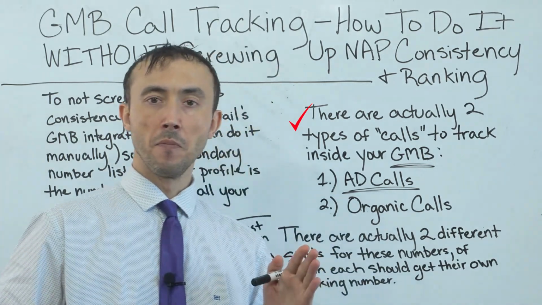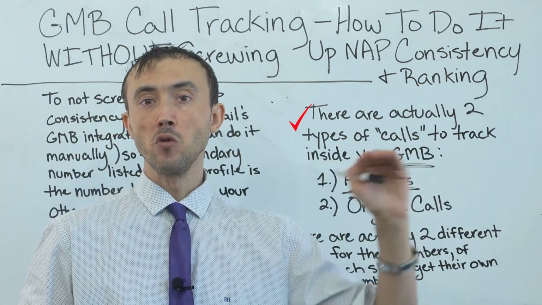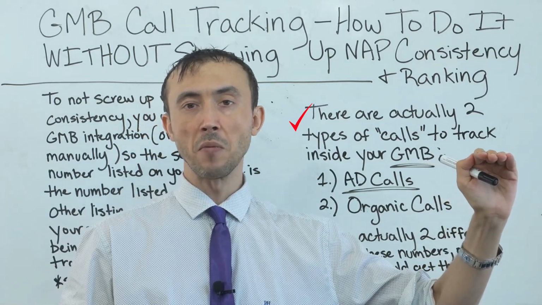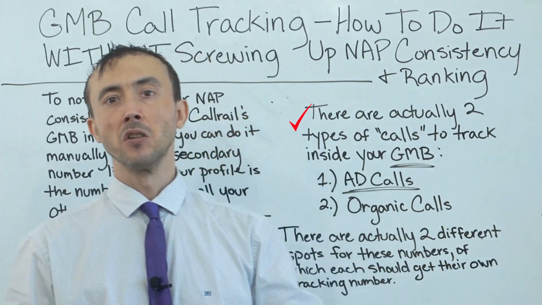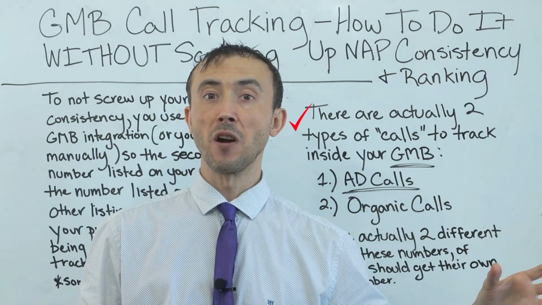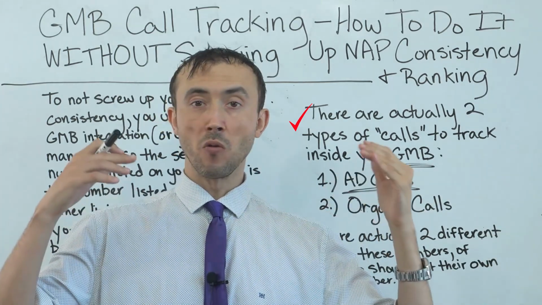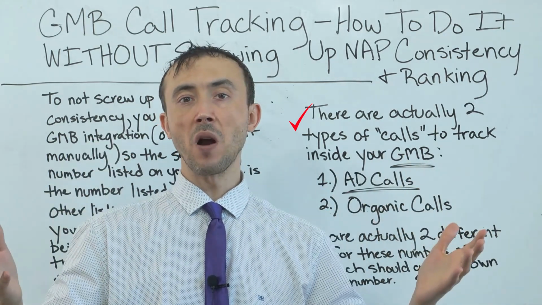So, if it is there, you obviously want to track how many calls you have coming through there, because that'll affect the profitability of your ads, scaling your ads, knowing how profitable they are.